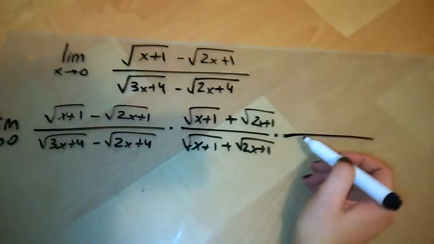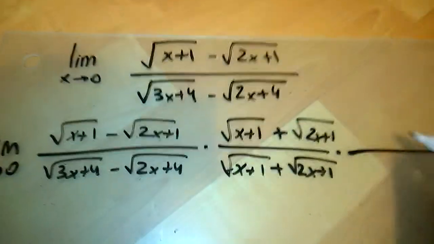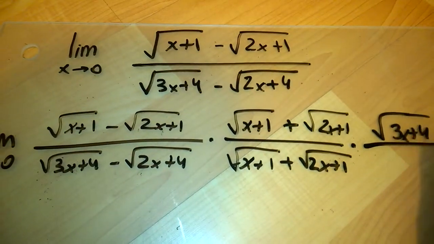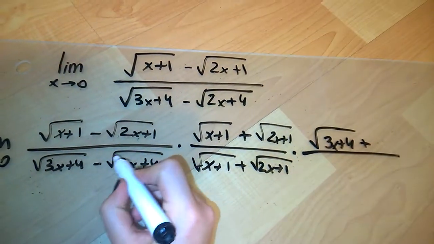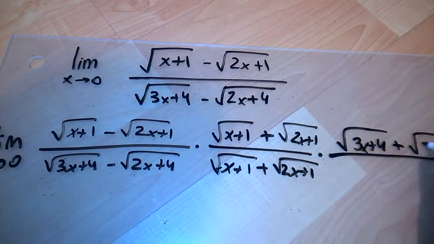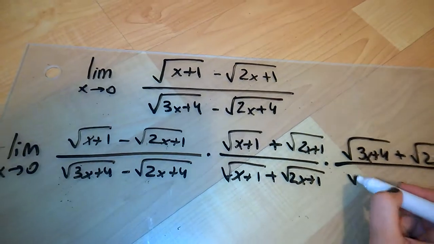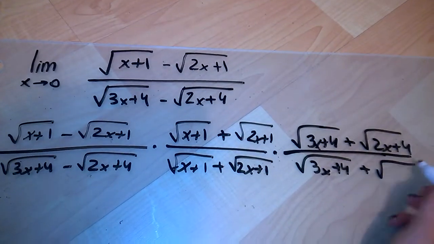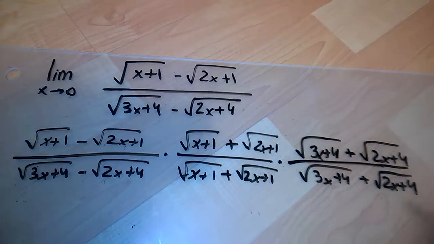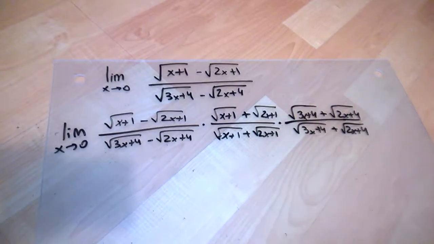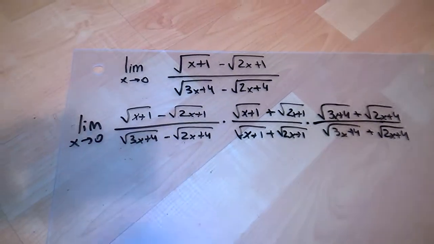And now we will use the conjugate for our denominator, which is the square root of 3x plus 4 plus, different signs once again, the square root of 2x plus 4, the same thing on the bottom since we cannot change our function. And now all we have to do is simplify.